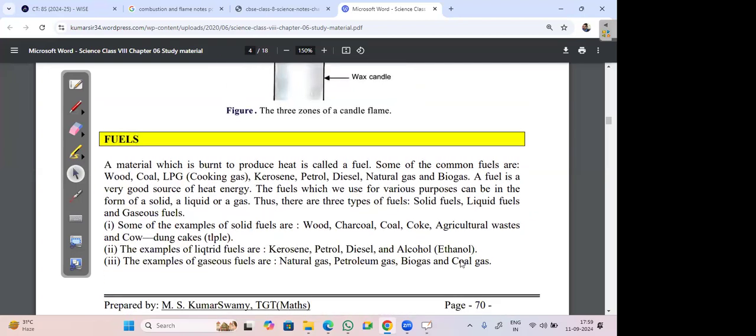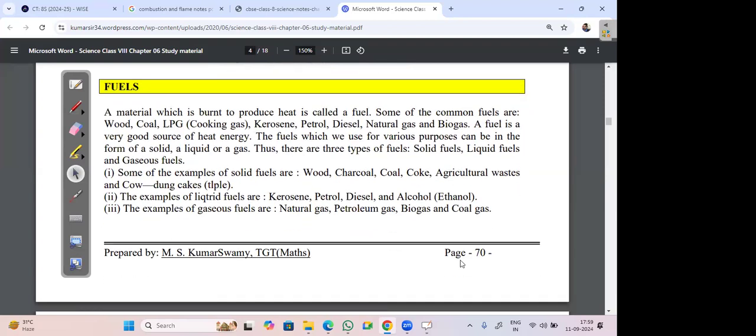So then we'll be talking of the fuels. Okay, just give me 1 minute. I'm coming after having a glass of water.